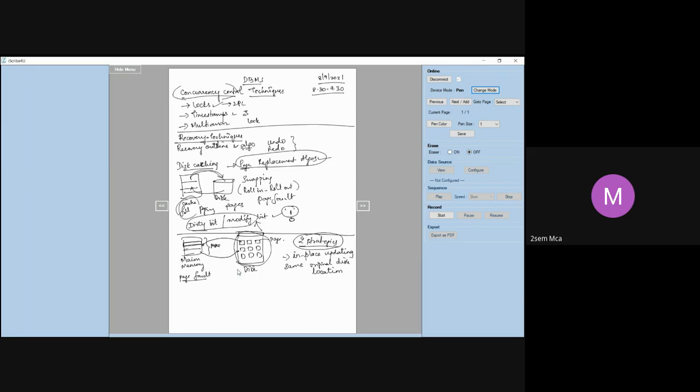One strategy is called in-place updating. It is going to write the buffer back to the same original disk location. If I have taken that particular page from this location, it will be written back to the same location.